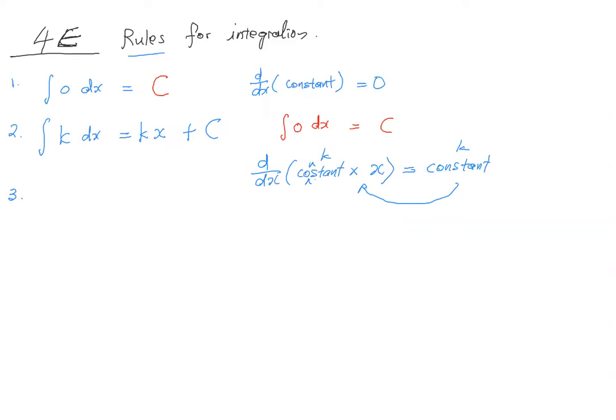So third, we come to the rule. All the constants here, I'm not going to use C, I can use A. If I have a number times x to the power of n dx, in this condition n cannot be -1.